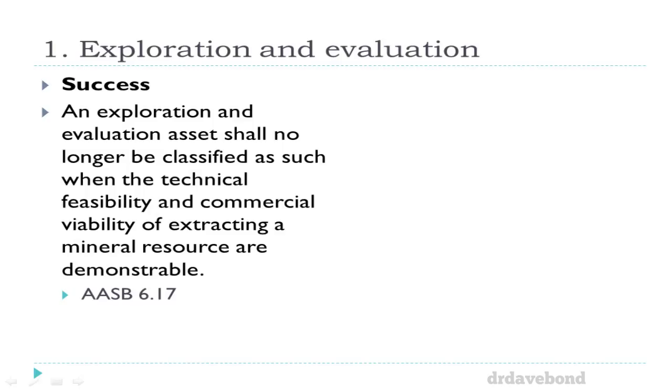What that is saying is, yes, you found something, and if at that point you had an asset on the books, you no longer classify it that way. So what we're actually doing here is we're just turning it from an exploration and evaluation asset into some other type of asset. And you'll see that in an example as we go through it. So you still have an asset there, you're just changing the nature of the asset.